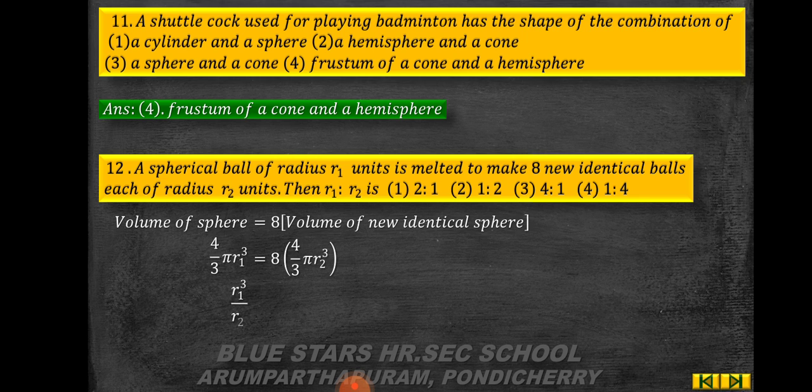So r1 cube by r2 cube is equal to 8 by 1, because 4 by 3 pi gets cancelled, which is equal to 2 cube by 1 cube. So r1 by r2, or r1 is to r2, is equal to 2 is to 1. So the correct option is option 1. The answer is 2 is to 1.